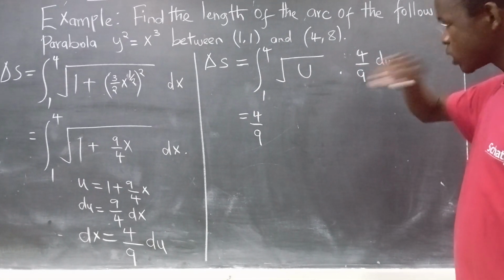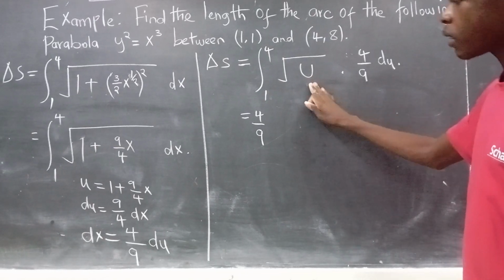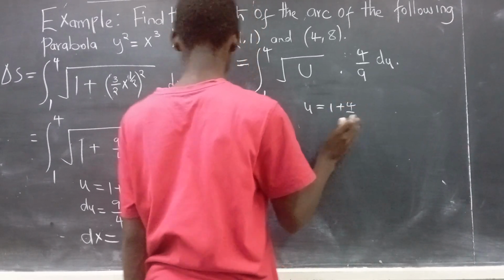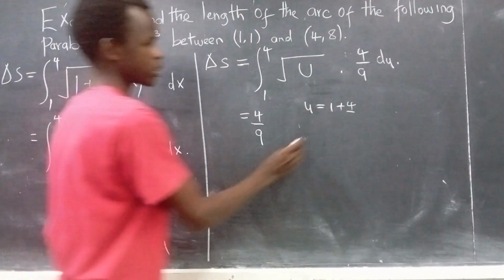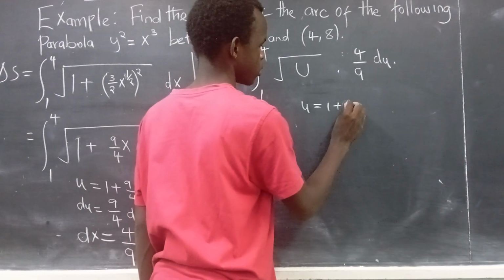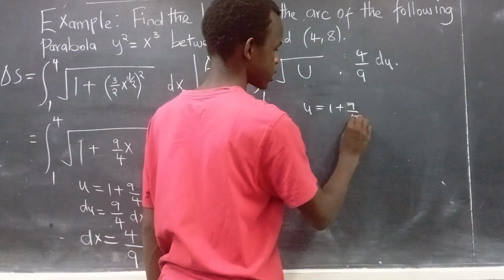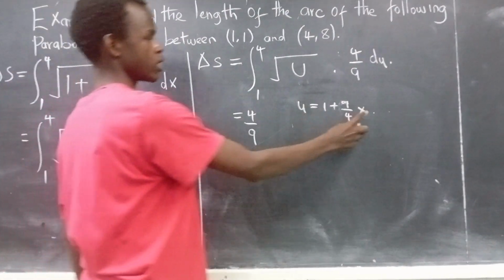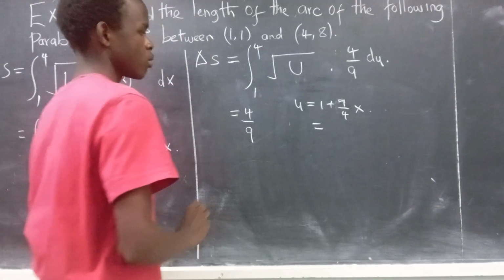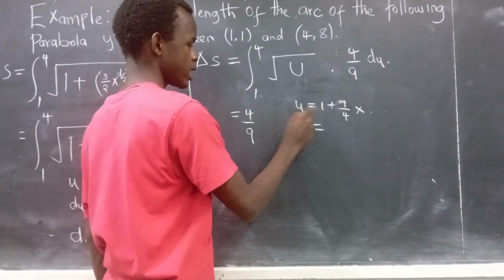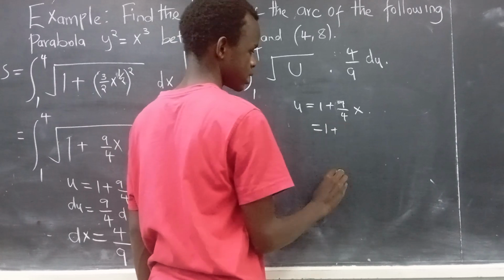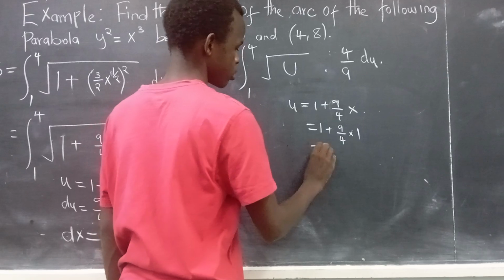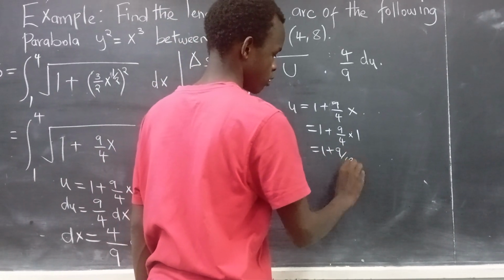We said our u is 1 plus 9 over 4x. I'll replace x with 1, so my u is 1 plus 9 over 4 multiplied by 1, which is just 1 plus 9 over 4.